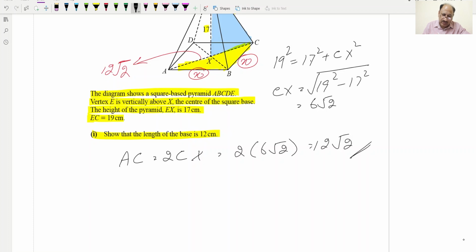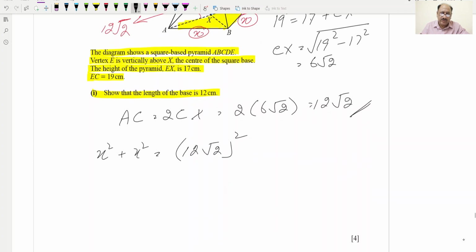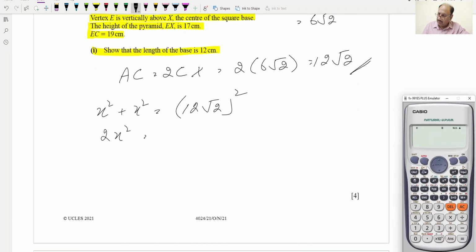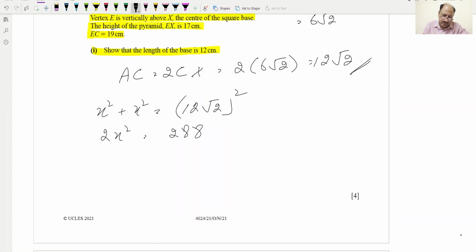So we can write x squared plus x squared is equal to 12 under root 2 squared, again applying the Pythagoras theorem. This gives 2x squared is equal to 288, so x squared will be equal to 144.